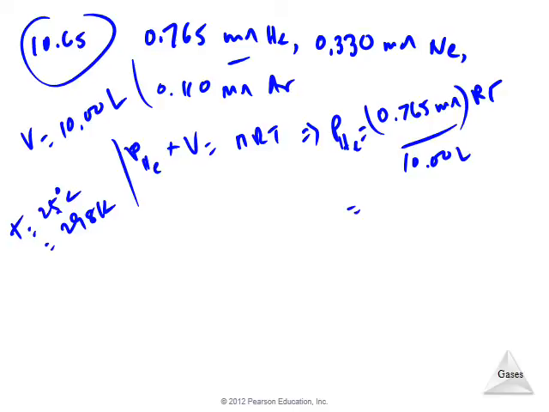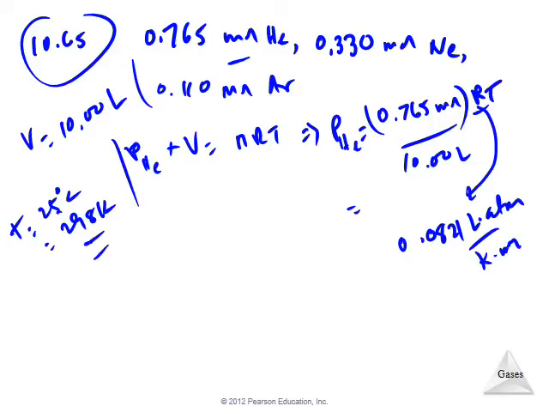So make sure you do this math, plug in these values. R is 0.0821 liter atmosphere per Kelvin per mole. And temperature we already mentioned is 298 Kelvin. So make sure you plug in that and then get the partial pressure due to helium.